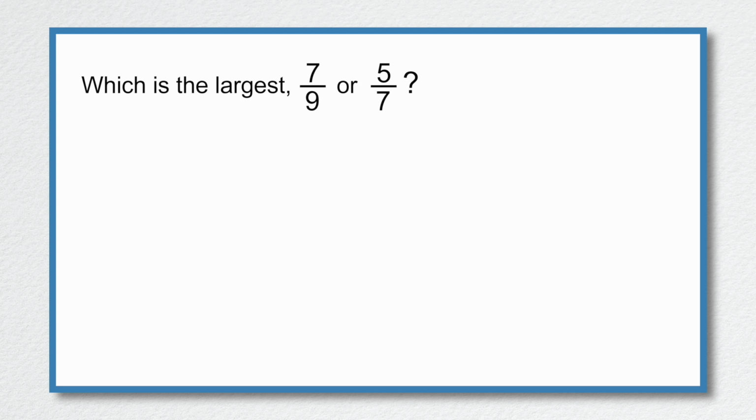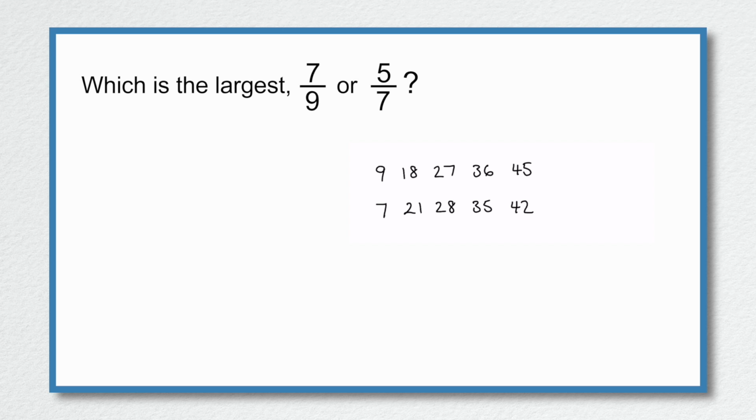Now, if we start listing the multiples for both 9 and 7, so for 9 it's 9, 18, 27, 36, 45, and so on, and for 7 it's 7, 14, 21, 28, 35, 42, and so on, this can start to take time.